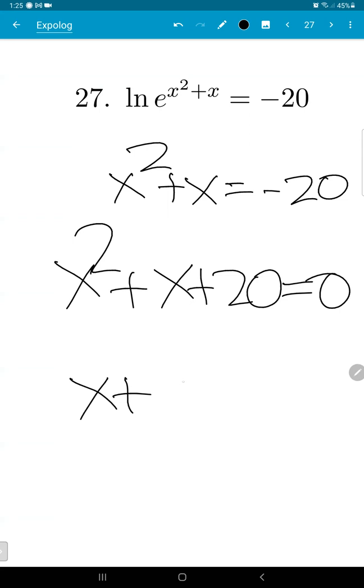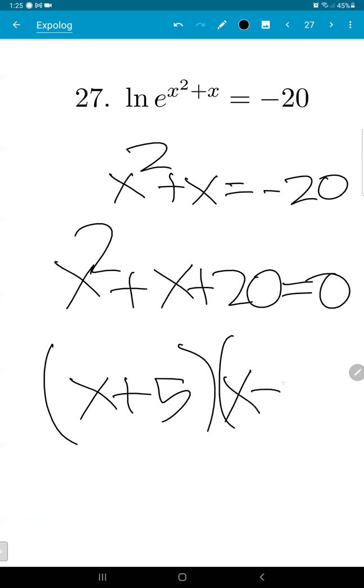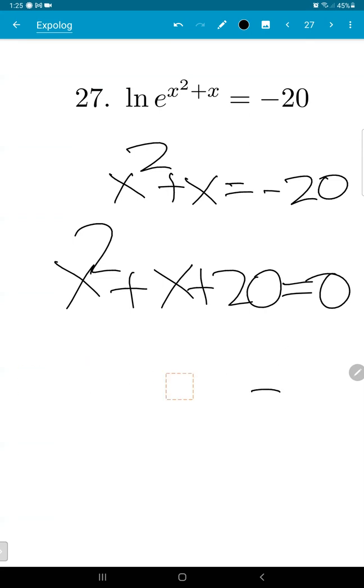x plus 5, x minus 4. Wait, is that right? x squared plus x equals negative 20, x squared plus x plus 20 equals 0. So we need 4 and 5.